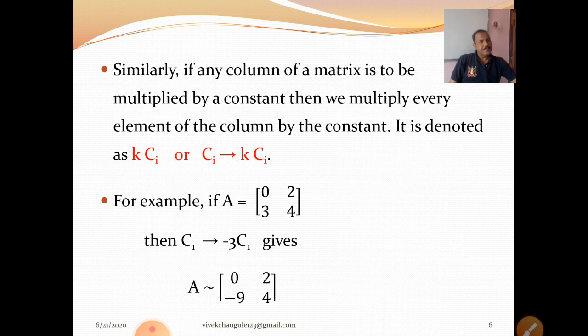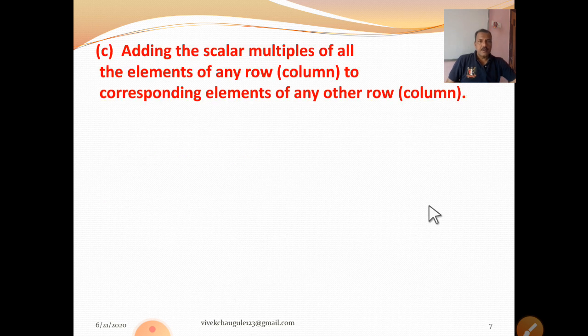Okay, and thus the second transformation is also clear, and I hope you can understand and write it. And the last transformation, which is very important, because when we have to find the inverse of a matrix, or the solution of linear equations by the reduction method, we mostly use this transformation.